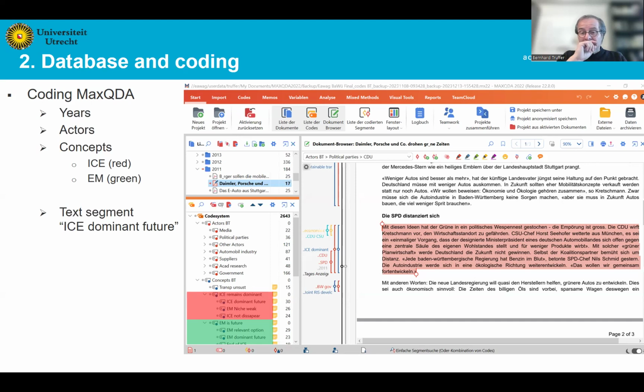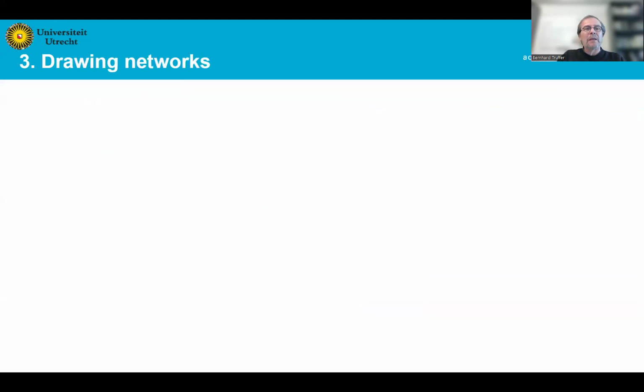So to the right hand, you see a typical text segment, which was coded as standing for ICE dominant future. And you also see the actor codes, who was mentioned in these statements, which resulted in these codes.